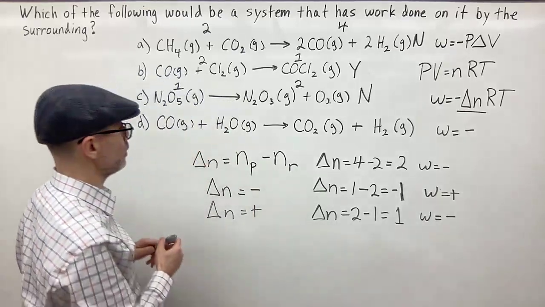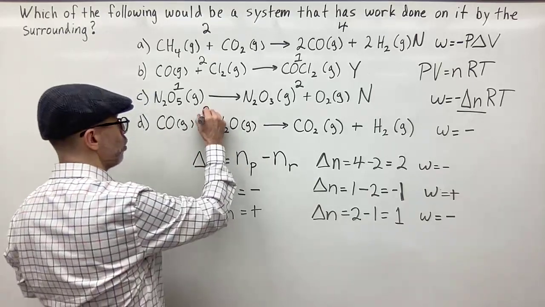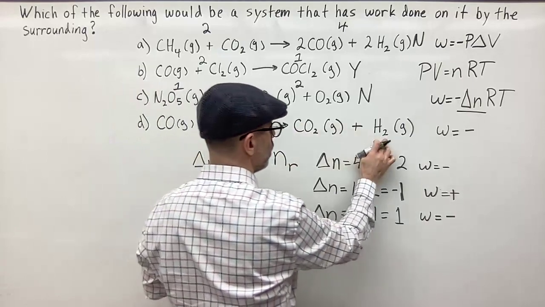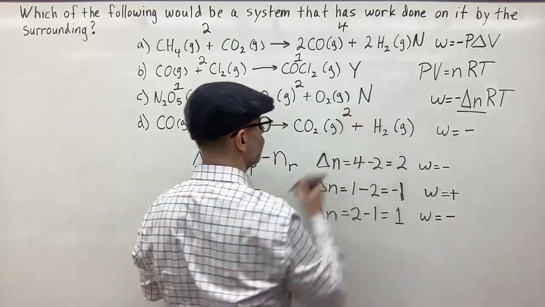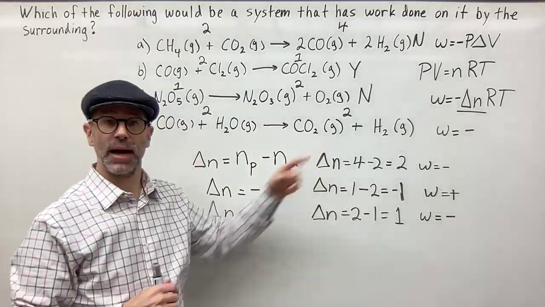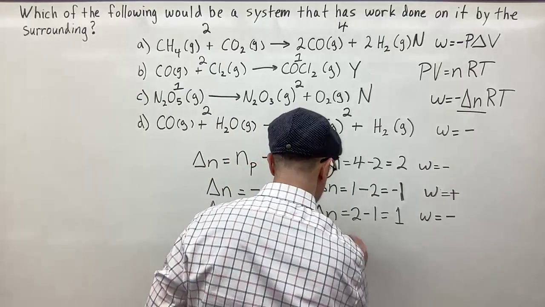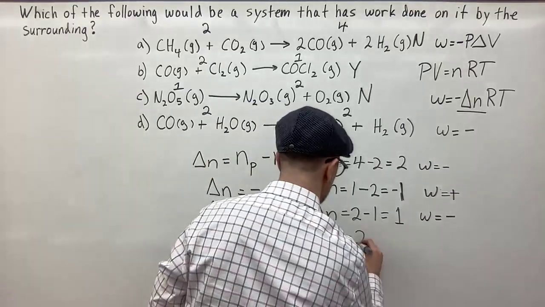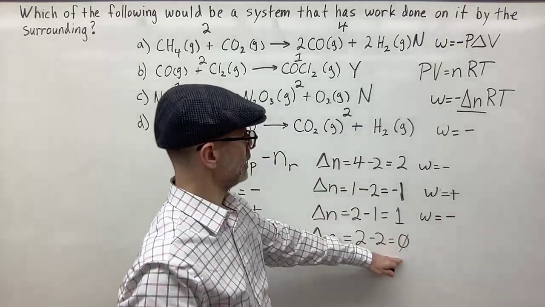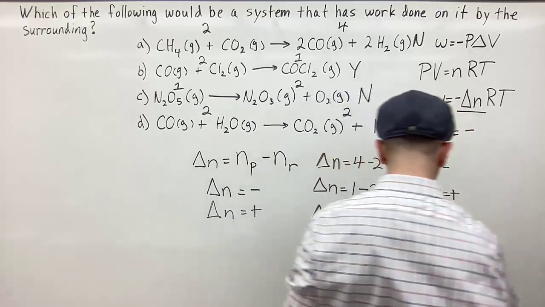And then finally, we have 1 and 1 here. So we have a total of 2 moles of gas over here, and we have 1 and 1 over here, 2 moles of gas. So we have equal amounts. In this case, the change in the number of moles would be 2 minus 2 equals 0, and if we plug that in, work is 0.